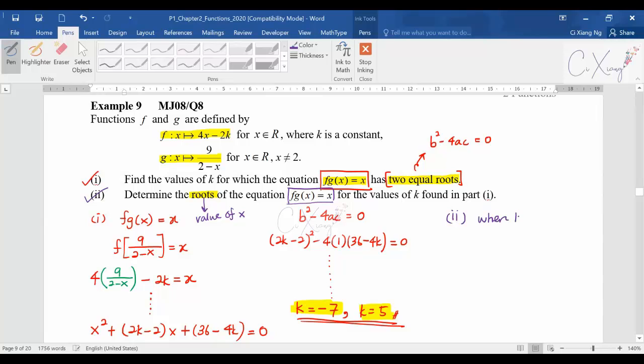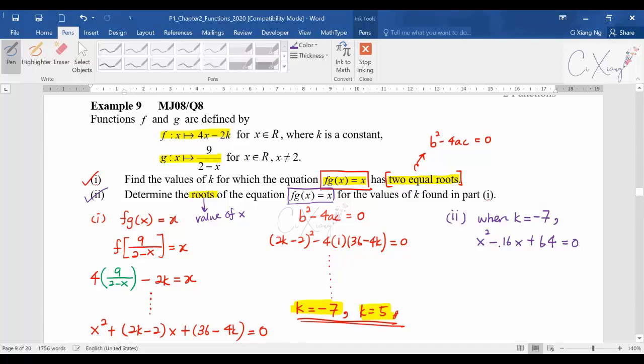Now first you need to know that when k equals negative 7, what will happen to this quadratic equation here? You have x squared minus negative 14 minus 2, which is negative 16, right? So negative 16x, then plus, this one will become 28 plus 36, you should have 64, and it equals 0.